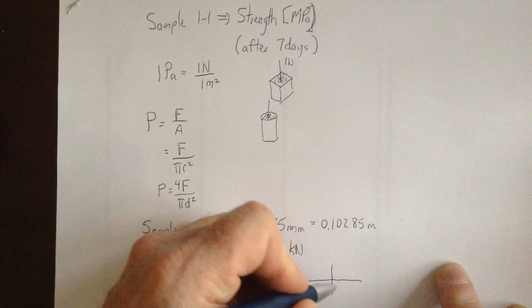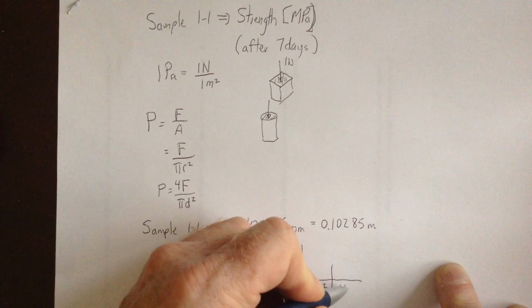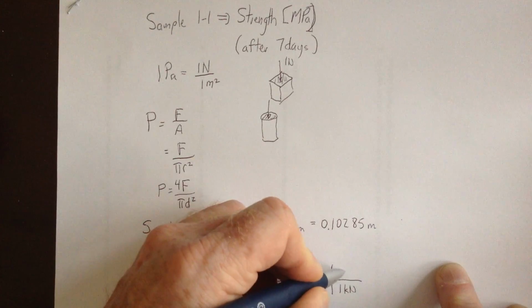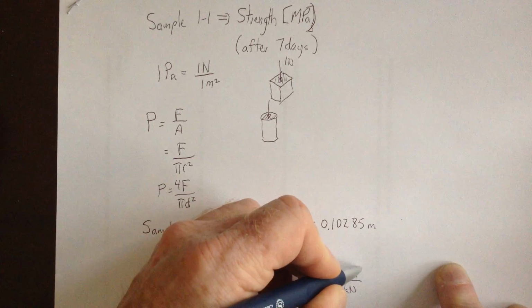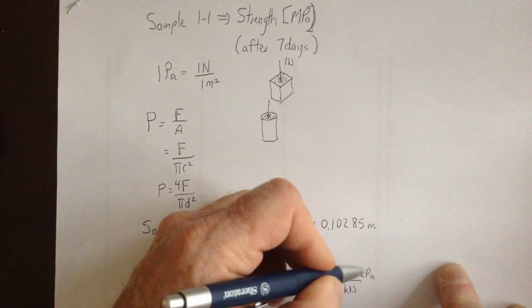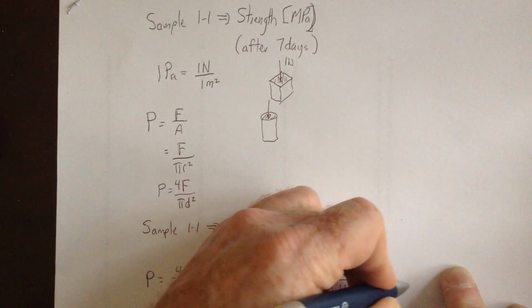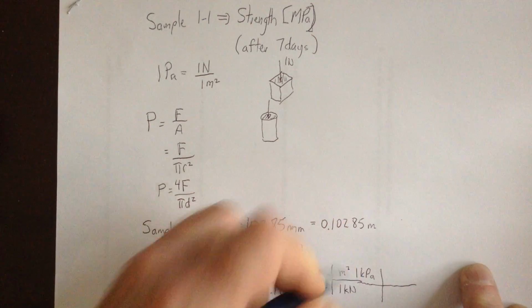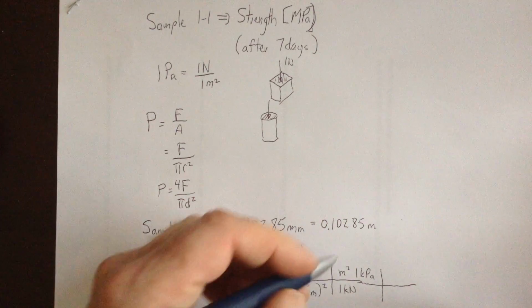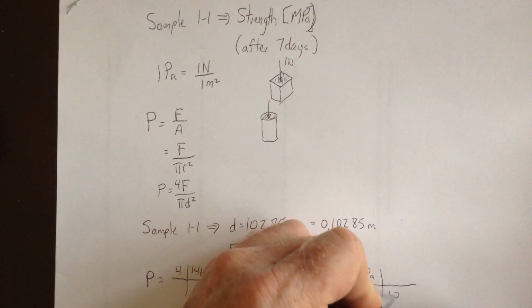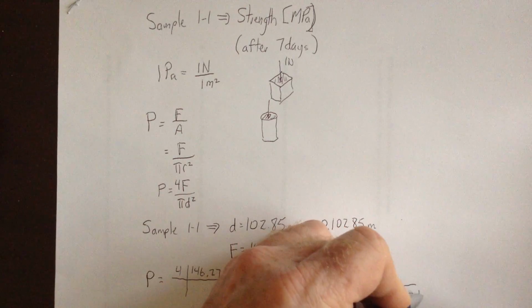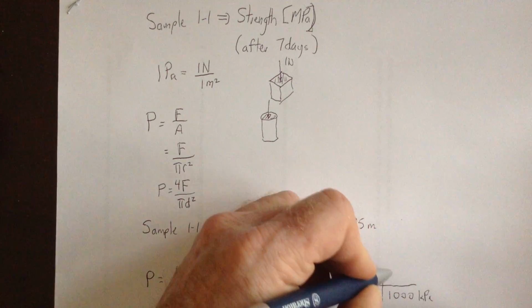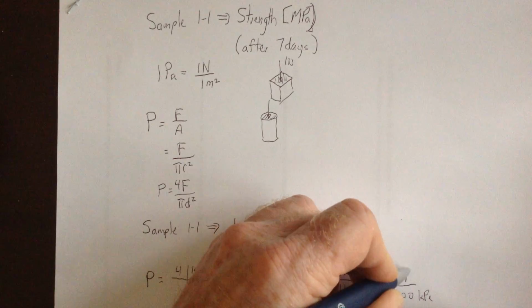That's a kilopascal, so I'm going to just do my conversion here. 1 kilonewton per meter squared is equal to 1 kilopascal. And I want my answer in megapascals, so I have one more conversion to do. 1,000 kilopascals is equal to 1 megapascal.